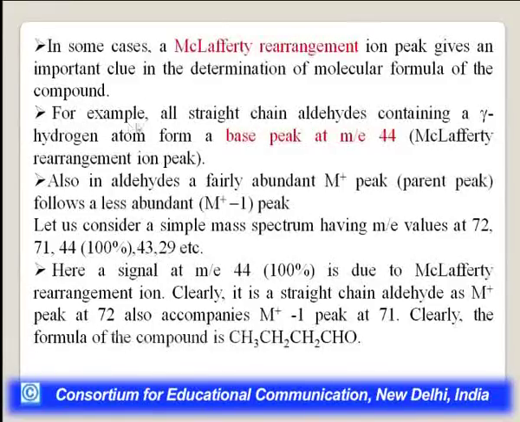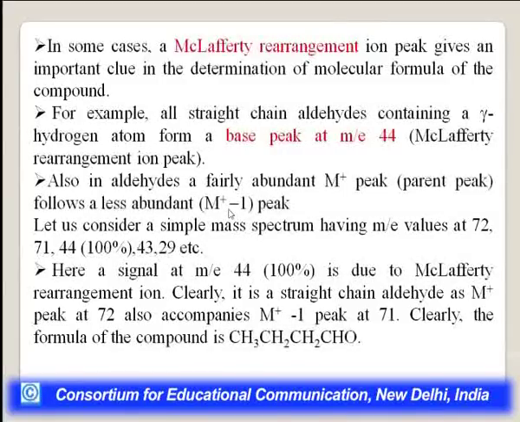For example, all straight chain aldehydes containing a gamma hydrogen atom form a base peak at a mass by electron value of 44, and this is called the McLafferty rearrangement ion peak. Also in aldehydes, a fairly abundant molecular ion peak is followed by a less abundant M-1 peak. Suppose the molecular mass is 59, then this less abundant peak will also appear, at 58.